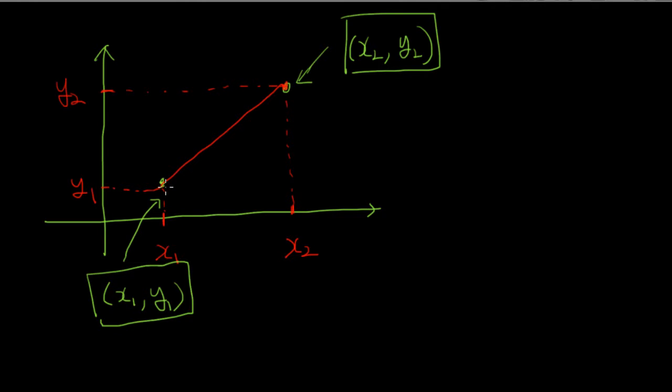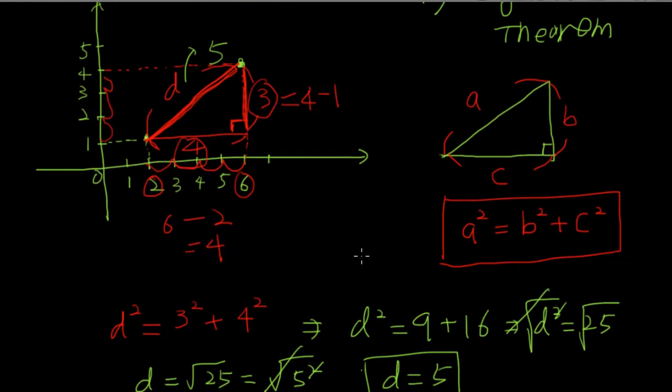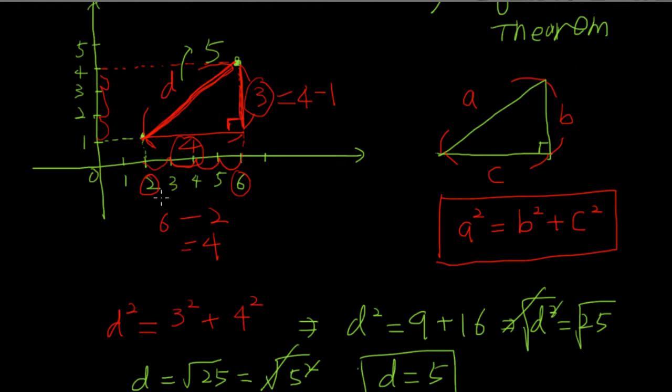Now we need to find the distance of this line and this line. So what would be the distance from here to here? Well, x2 minus x1. That's what we did right here, right? It was 6 and 2. So we did 6 minus 2 became 4. And we did the same thing for y.